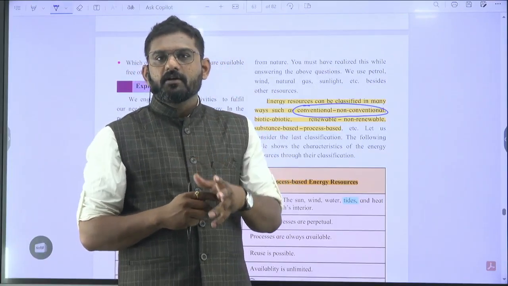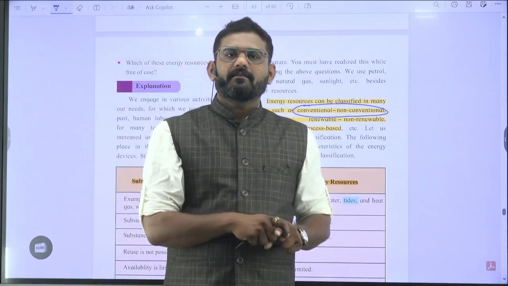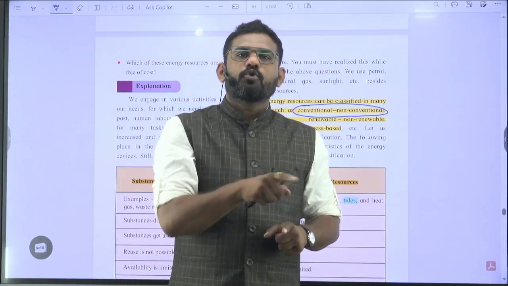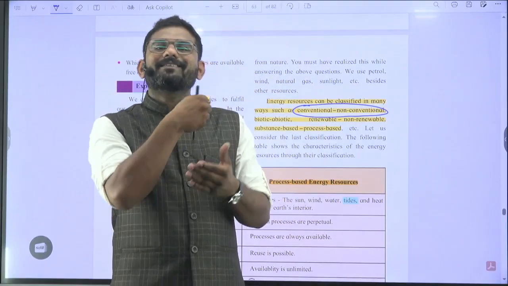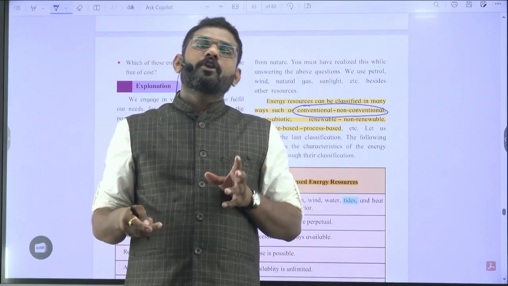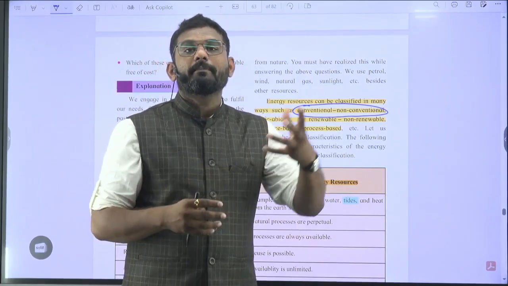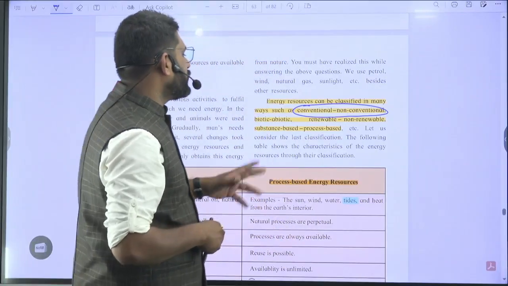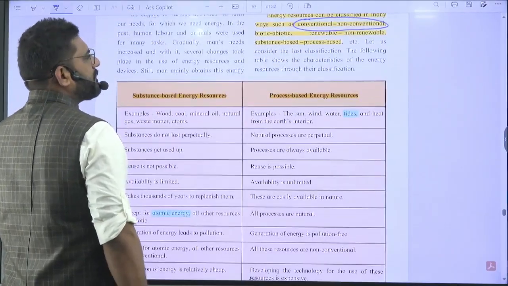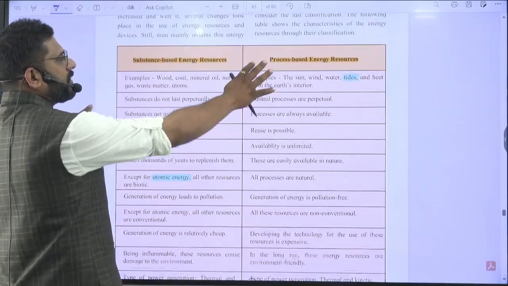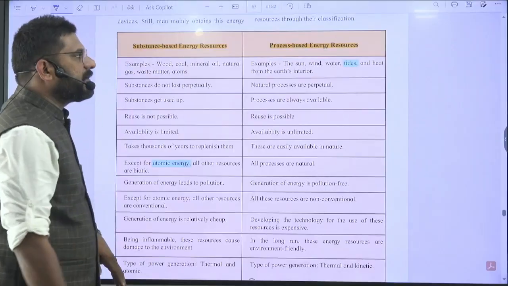It is limited, but I can create it again, so it is renewable. Non-renewable means once it is finished, once it is used up, it cannot come back again, such as coal, petrol. And substance base and process base, they are trying to cover only one type, that is substance base and process base.